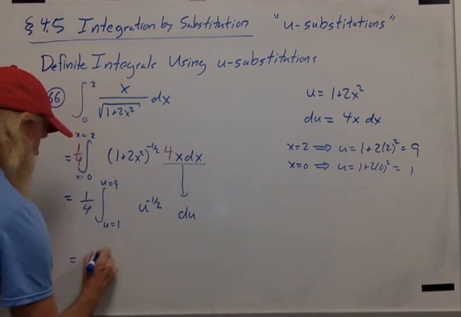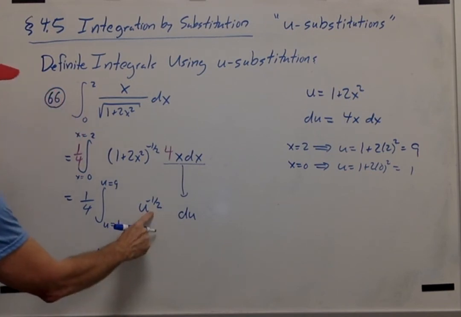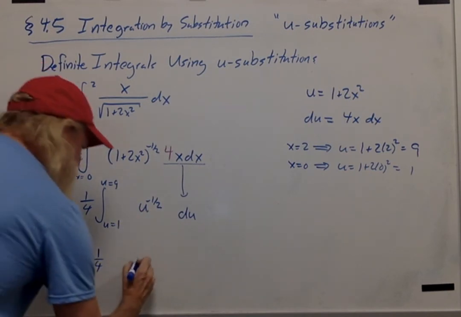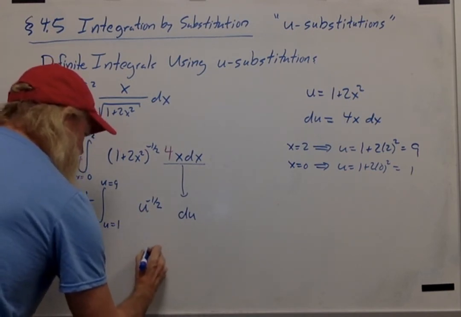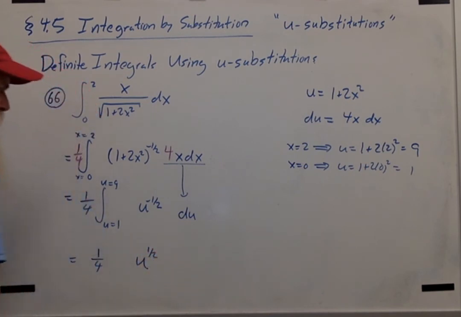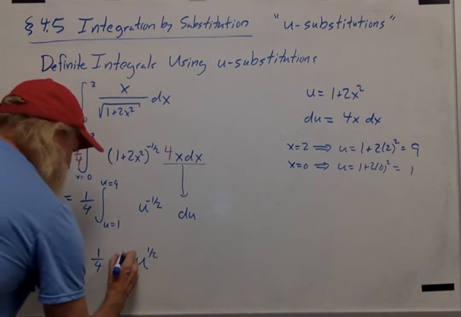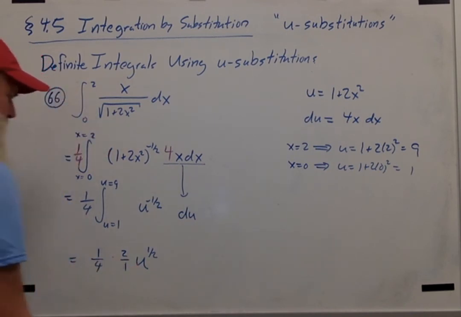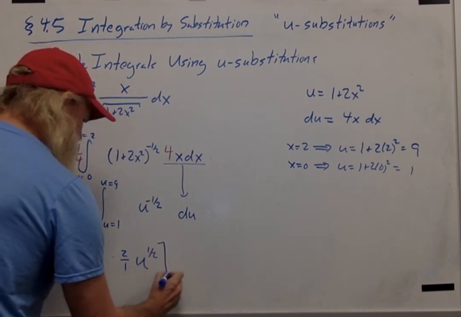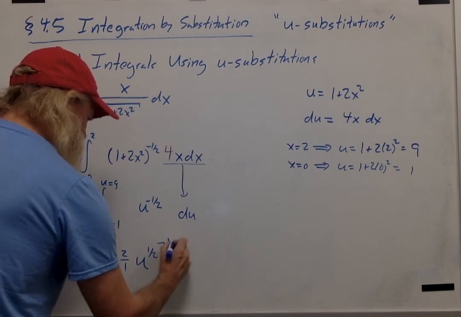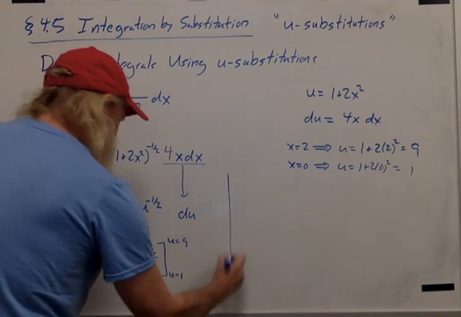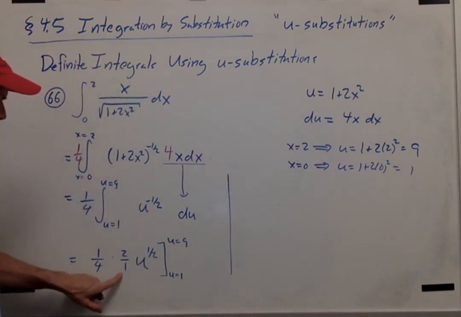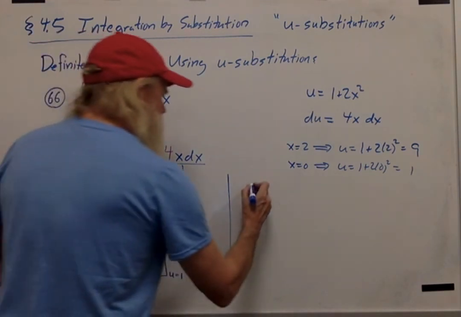Now let's carry out the integral. The antiderivative of u to the negative 1/2 is obtained by adding 1 to the exponent, which gives me u to the positive 1/2, and then multiplying by the reciprocal of the new exponent. Simplifying a bit, 1/4 times 2 is 1/2.